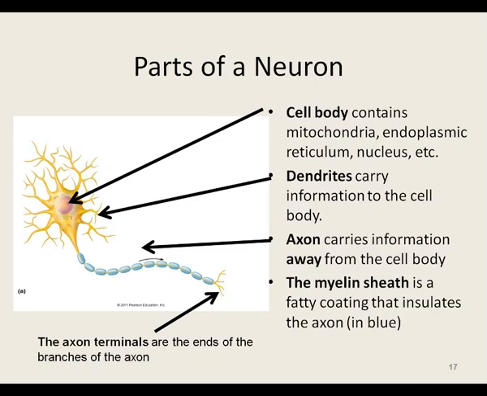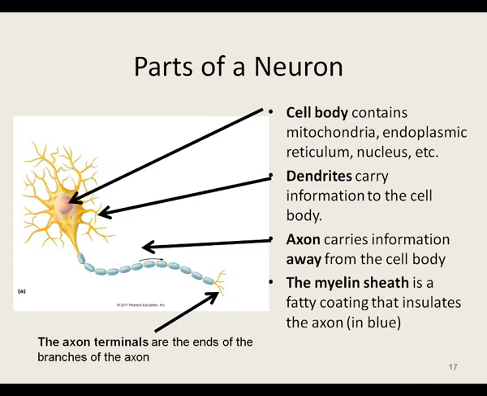The parts of a neuron, remember, this is a cell. It's got a nucleus, it's got mitochondria, it's got endoplasmic reticulum, cytoplasm. All of those structures are still in there. There are various parts of the neuron. You have the cell body, which contains all of those structures. The dendrites, which carry information to the cell body.